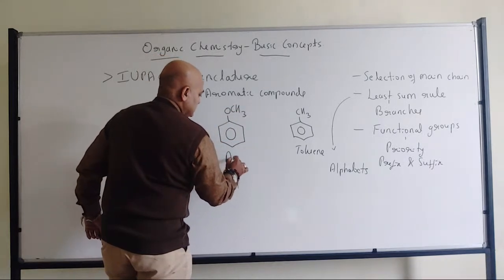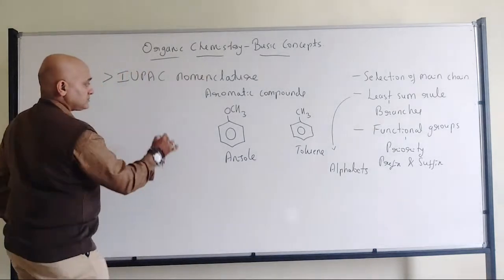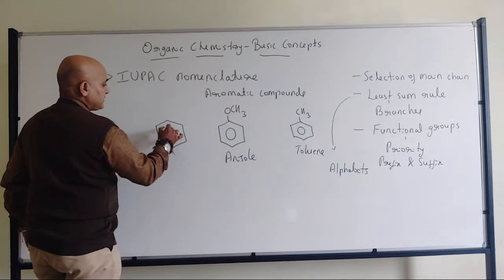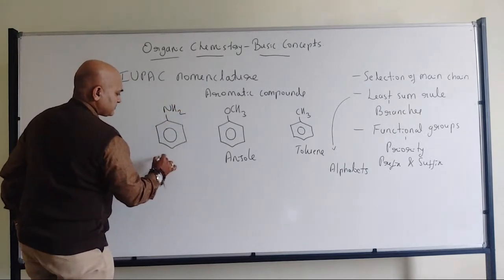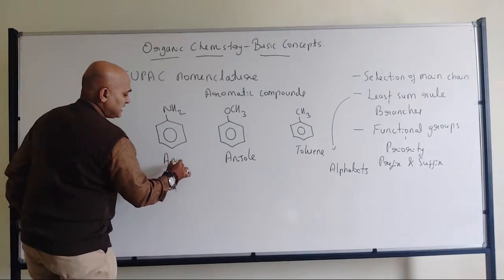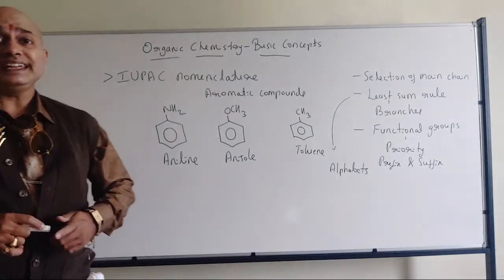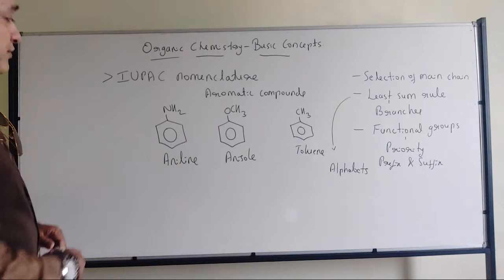This one is called anisole. Then we have another substituent, NH2. Then it is called aniline. Please remember all these things. We have then phenol.